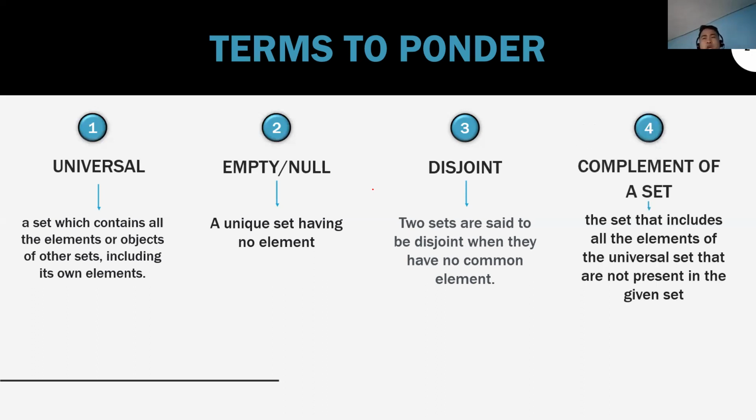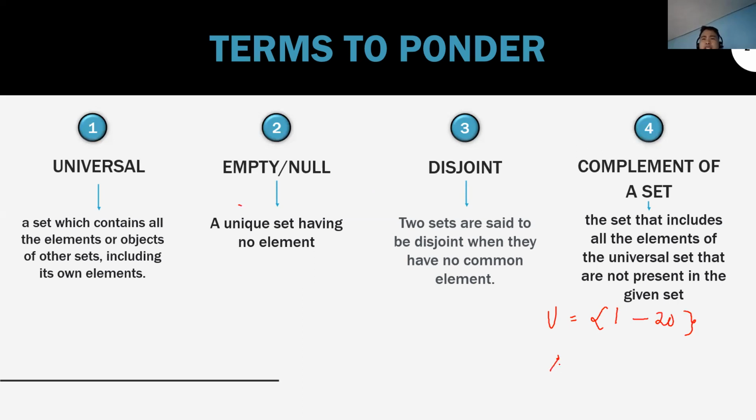When we say complement of a set, that is the set that includes all the elements of the universal set that are not present in the given set. Halimbawa, ang universal set natin, the elements are from 1 to 20. So 1 to 20 yung elements ng universal, for example.